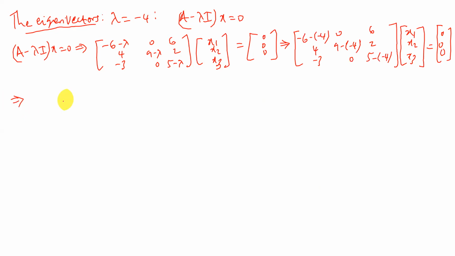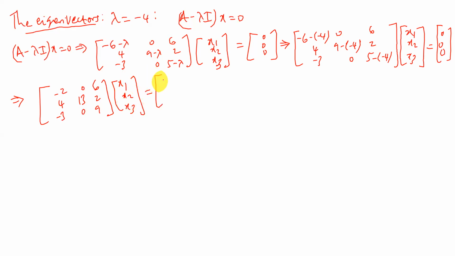Let's just add this. This is going to be -6 plus 4, -2. 13, -3, 0, times x1, x2, x3.